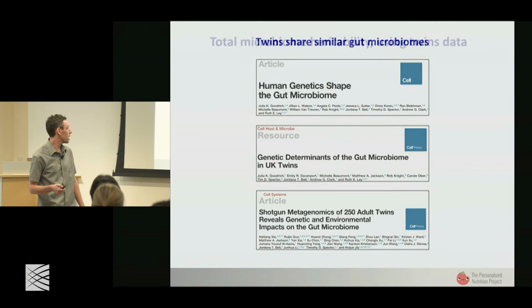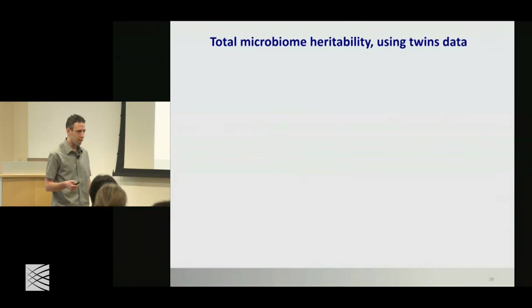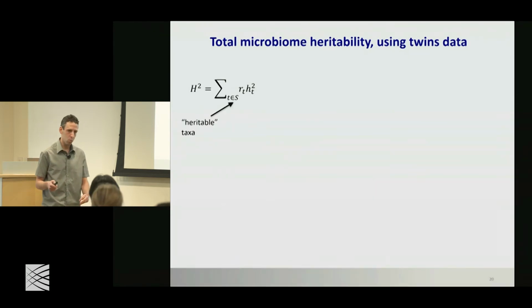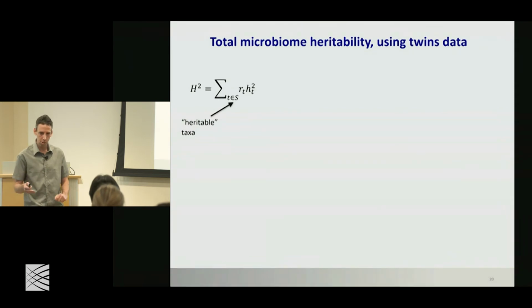And then we took this data and we tried to come up with some rough measure of the total microbiome heritability. So we devised this measure, where we iterate over all the bacterial taxa that we consider as being heritable according to some criterion.